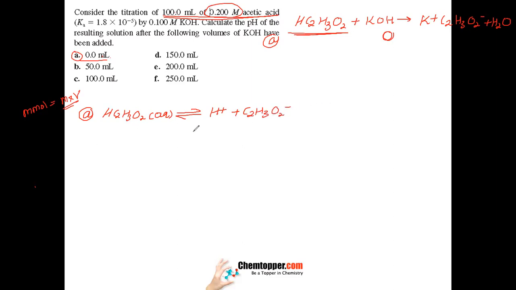At the A point, it is just weak acid, nothing else is there. So I'll determine the pH by making the RICE table because weak acids are not fully dissociated. This is the reaction: initial, change, equilibrium. Remember children, RICE tables are always in concentrations. So now can you complete the table, Sanvi?